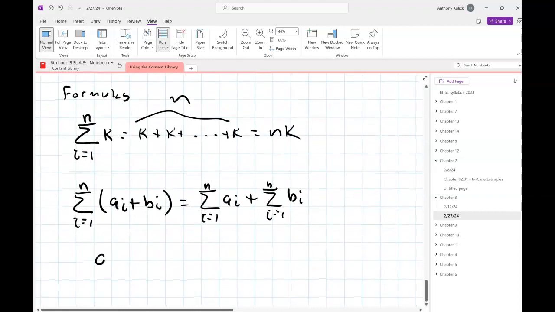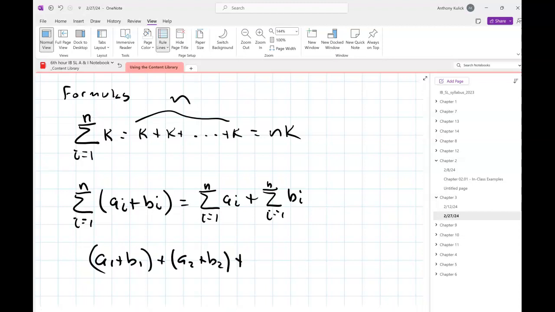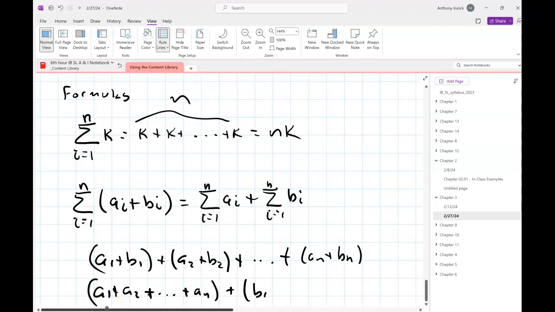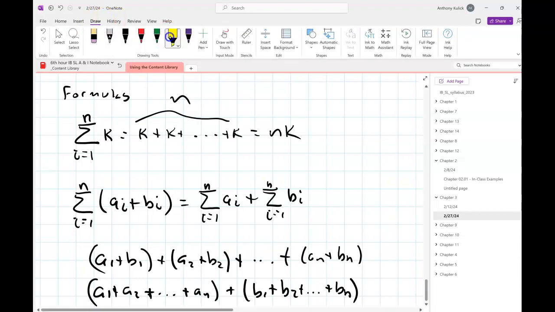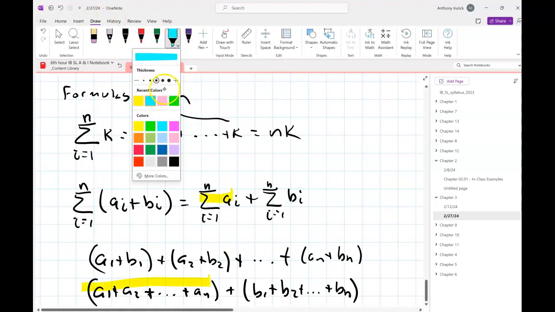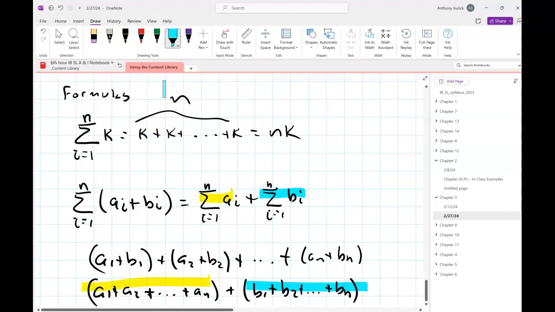Because if we expanded this out, this would be like A1 plus B1 plus A2 plus B2 plus AN plus BN. And since the only operation going on here is addition, you can take all the A's and put them together, and then all the B's and put them together. Right? Does that feel okay? Yes, go ahead.